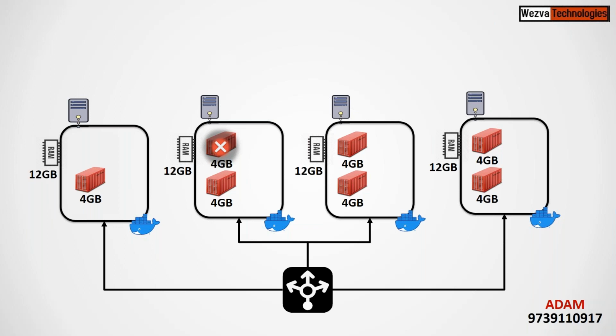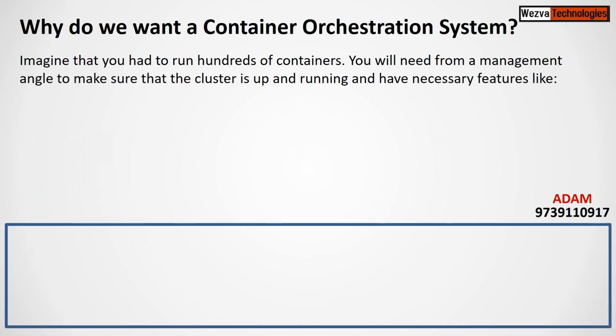But whenever we move ahead to QA or stage or production, then we will have multiple machines and we want to create multiple containers. So that's where we introduce a concept called orchestration.